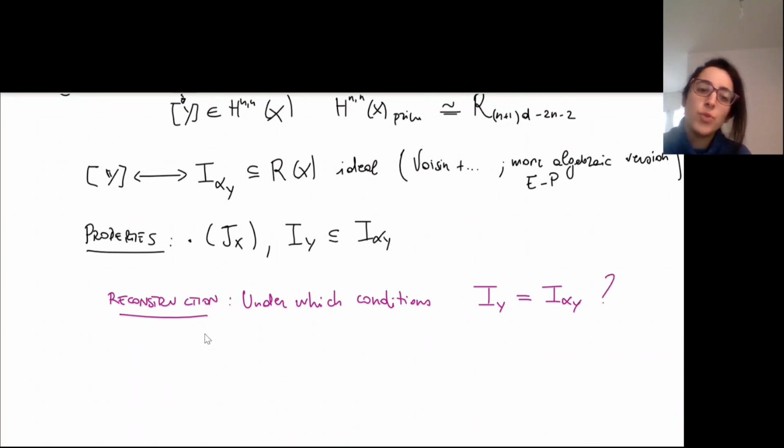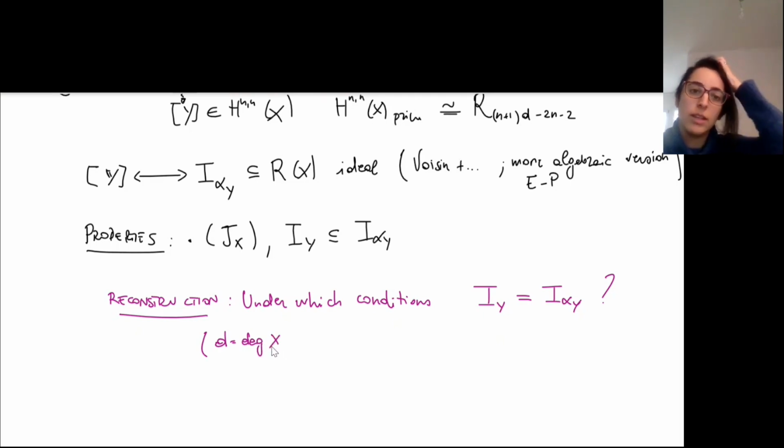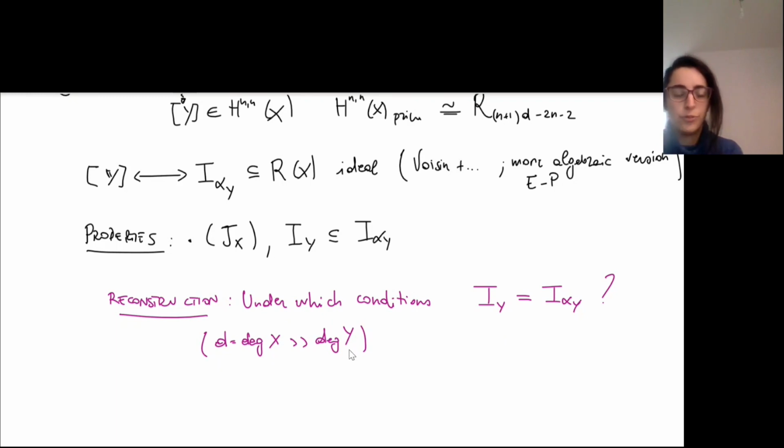And this should be true. It's known again from Griffiths, Harris, and so on. This should be true for D sufficiently large. D is always, I recall here, the degree of the hypersurface, bigger than the degree of the subvariety. Okay, for D sufficiently large, it should be true.